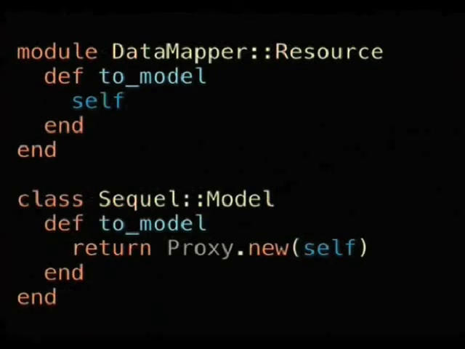How that actually works in practice: for instance, DataMapper has decided that they're just going to make their own objects compliant with this API. It doesn't mean that their entire API looks like Active Record. It means that valid? and .errors, these things, look like Active Record. So they've decided they're just going to make their objects look like Active Record objects for these things. And so in that case, you just return self from to_model, and then we'll just use that.